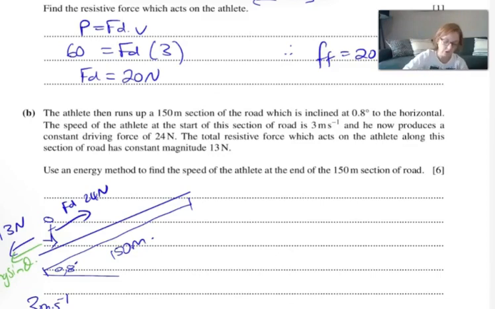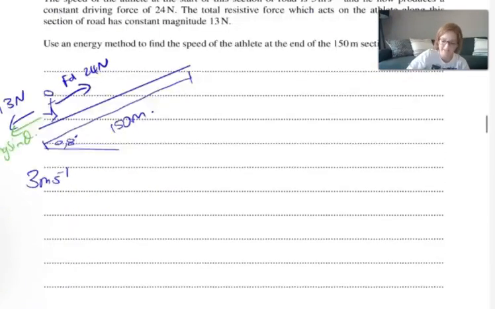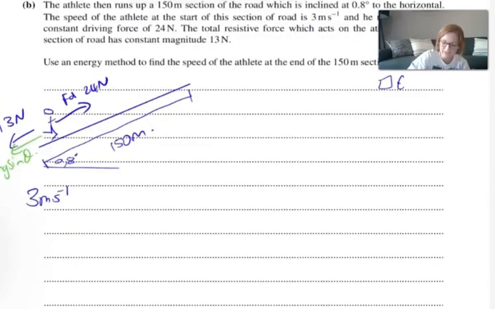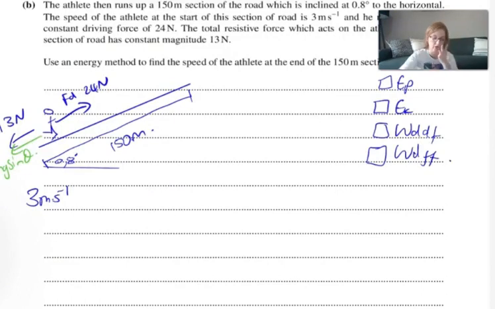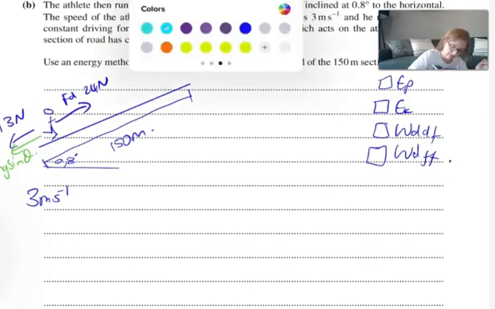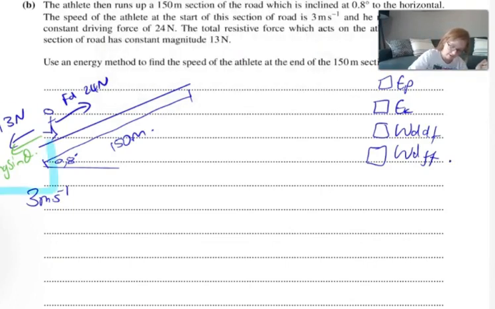Right, so I'm glad we have another opportunity to practice this. So we've got EP, EK, work done by the driving force, and work done due to resistance. So I'm also going to highlight my sections in the beginning and at the end. Okay. So, is the potential energy changing? Yes, because he's going uphill. Is the kinetic energy changing?